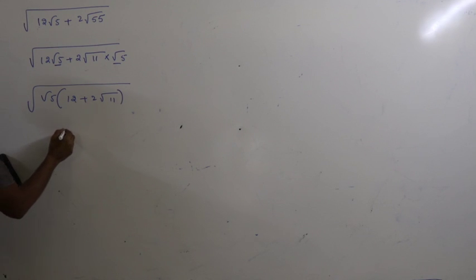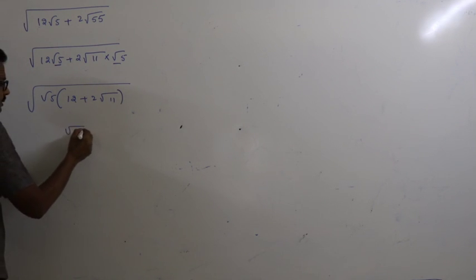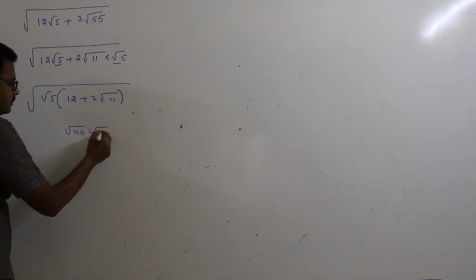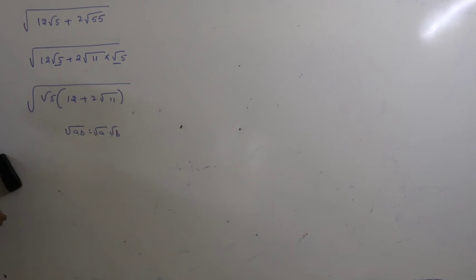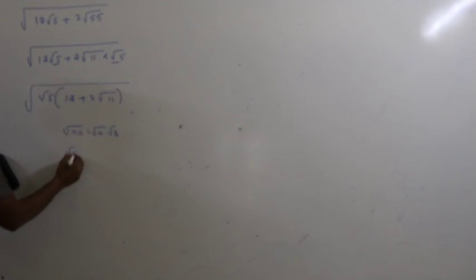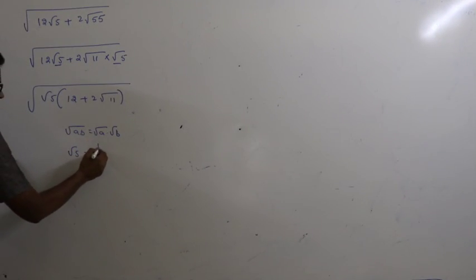So root AB is equal to root A into root B, where A and B are positive values. Now root 5 is equal to 5 power 1 by 2.